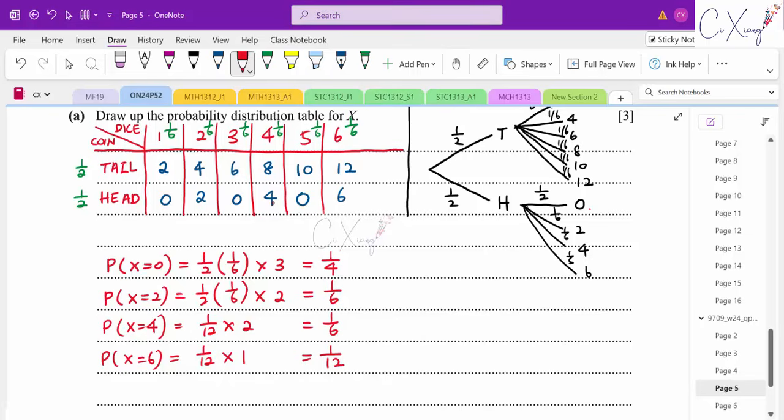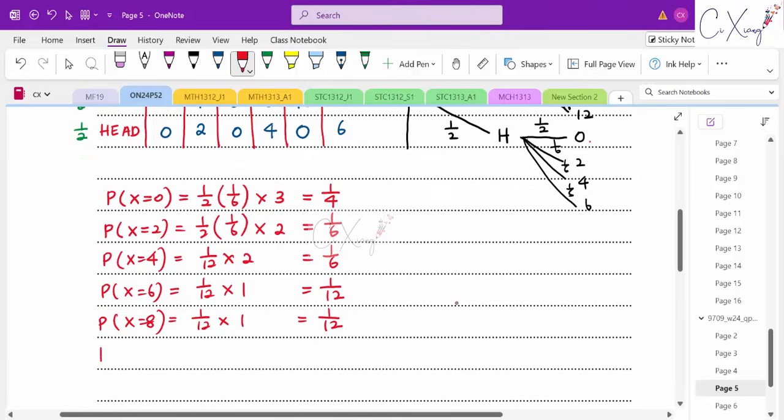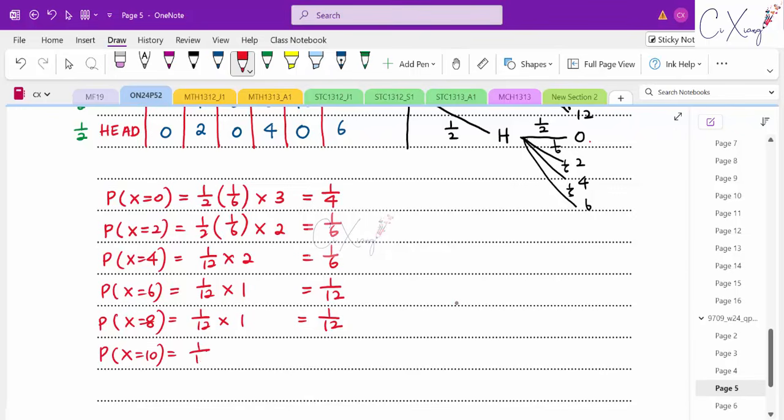So you're having 1 over 12 here. Then 8. You see how many times the 8 appears? Also 1 time. So it should be 1 over 12 as well. And after that, 10. Also appears 1 time, right?